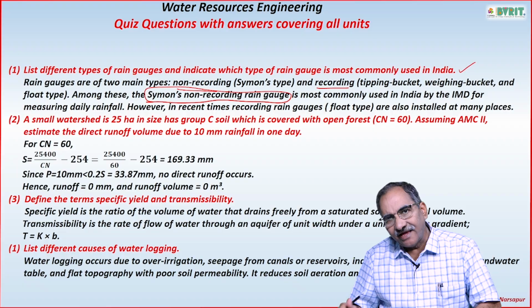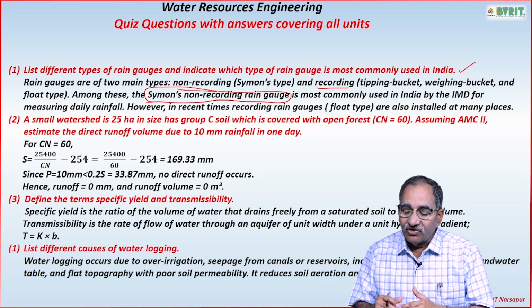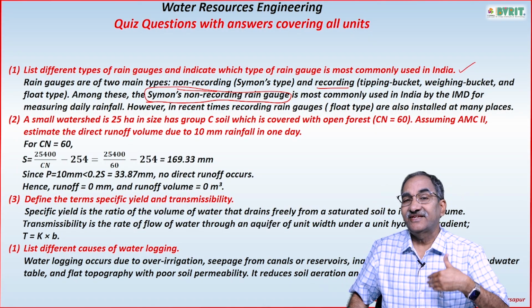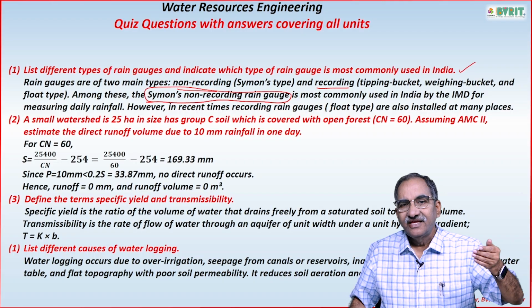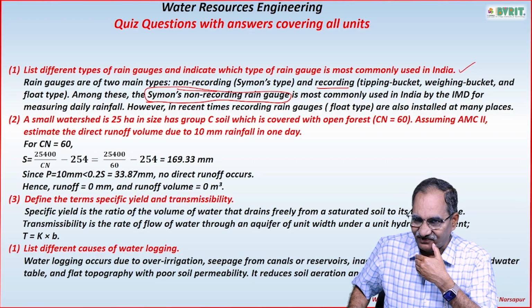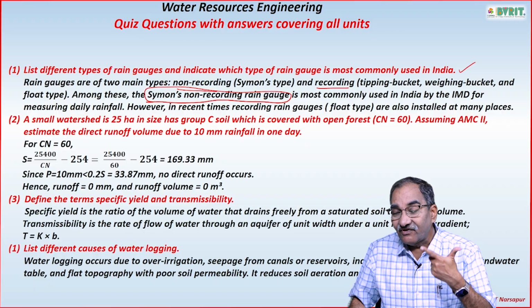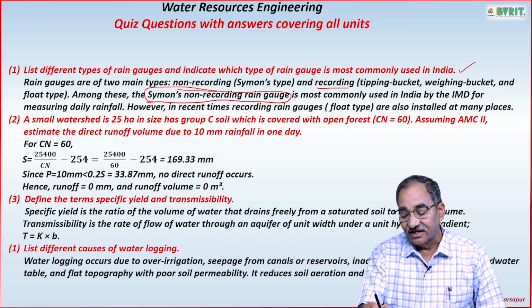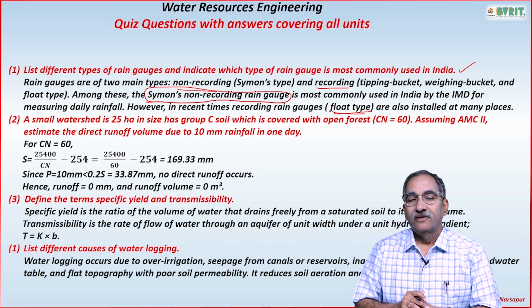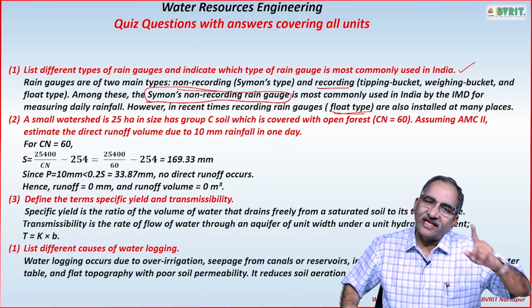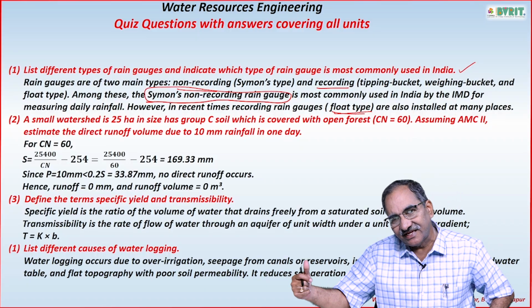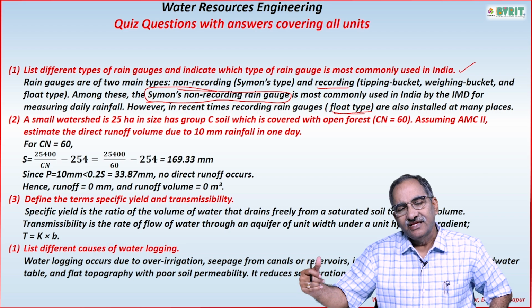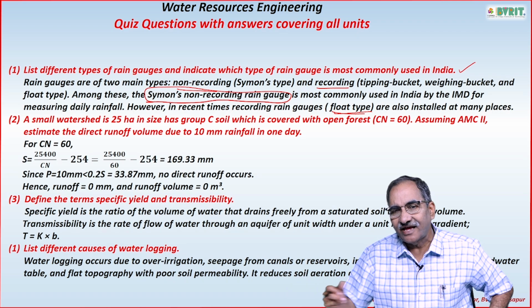As time progresses, the number of recording rain gauges has also increased in the last 5 years. Which one is mostly used is the float type. So the commonly used one is Simon's rain gauge. Now in the recent past, what is gaining momentum is the recording type, the float type, which they are installing.